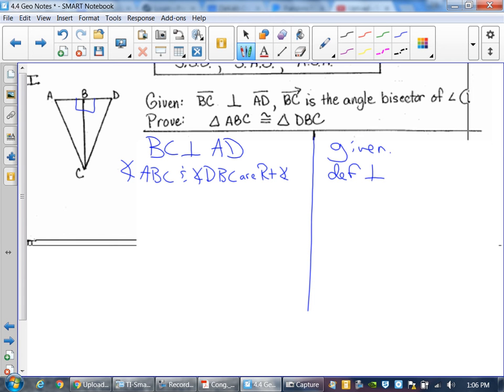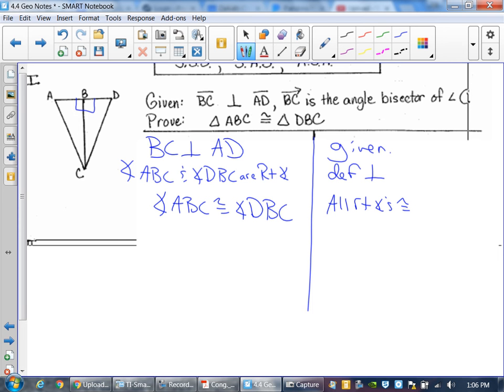We also know that right angles are congruent, so you write it down. That comes straight from the progression sheet. Go to the next given.